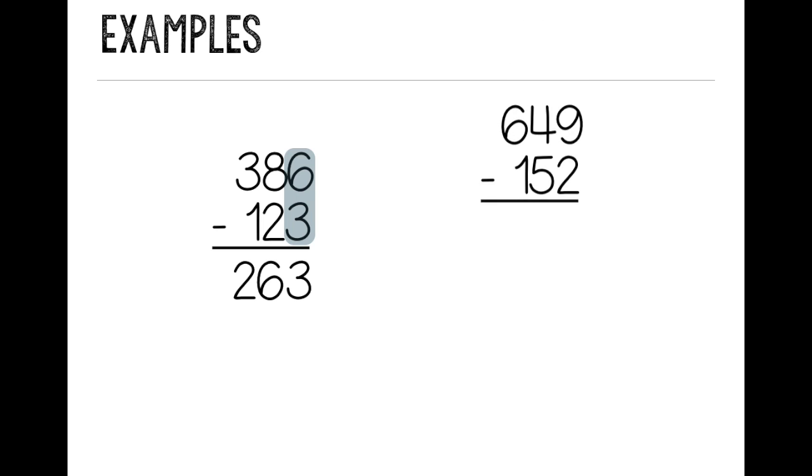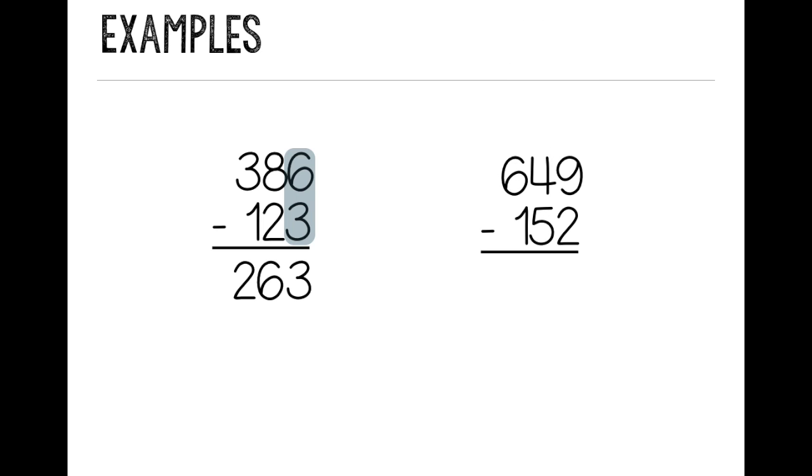One more example. 649 minus 152. I start in my ones place. 9 minus 2, there's more on top, no need to stop. 9 minus 2 equals 7. Then I move to my tens place. 4 minus 5, there's more on the floor, the 5 is bigger, so I have to go next door and get 10 more.